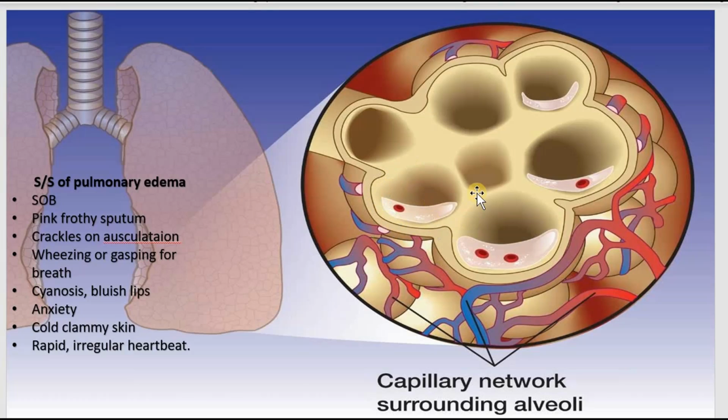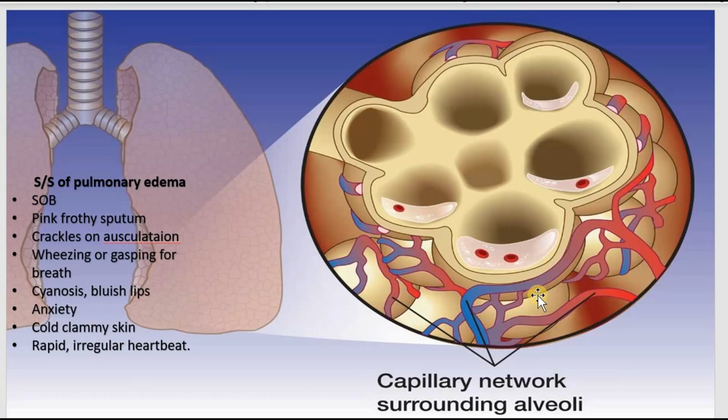So the lung alveoli is filled with fluid. As a result, the patient can exhibit shortness of breath, and it gets worse with activity or when lying down. Pink frothy sputum. That's a classic sign of pulmonary edema, and it can be blood tinged.